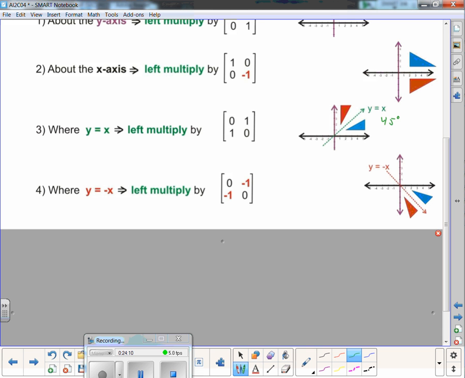If I ask you on a quiz or test to reflect, I'll give you the matrix, because in my mind, if I make you memorize those 4 matrices, you'll know them for the test and you'll forget them after that. I mean, who's going to remember that a month later without using it? Maybe one person in here, maybe.